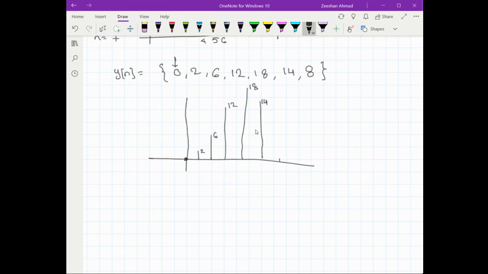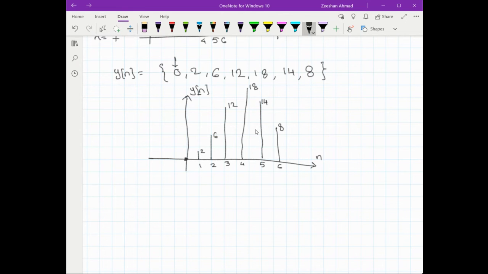Then we will have 8 here, for example. And this is 1, 2, 3, 4, 5, 6 here. And this is your n here. And this is your y of n here. Clear? So this is how we are going to calculate y of n here.